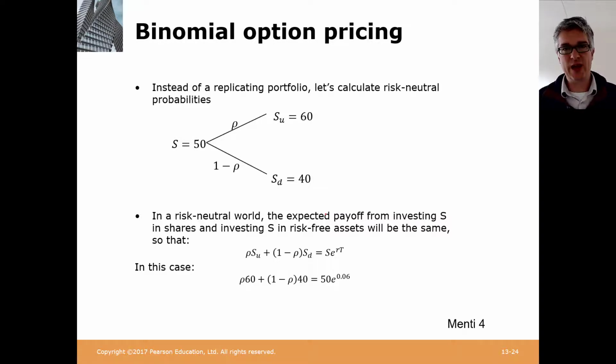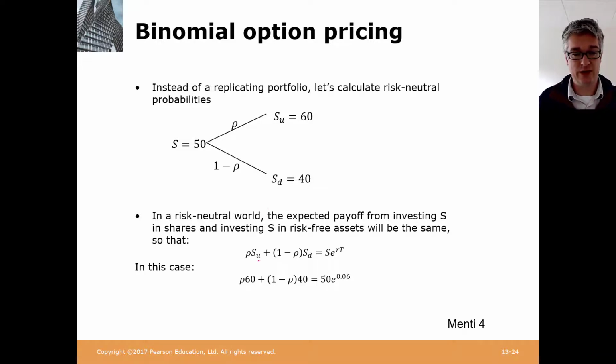So essentially what we're saying is, if we're living in this risk-neutral world, it doesn't matter for an investor whether they're investing this 50 right here, this S equals 50, in a share that can either have a value of 60 or 40 in a year, or in some risk-free asset that gives them a known return. So those should be equivalent.